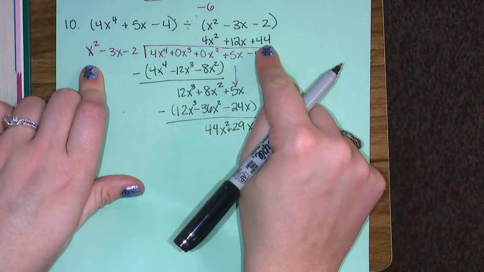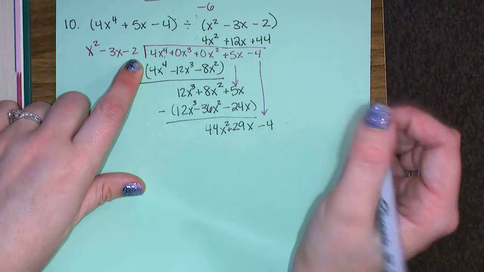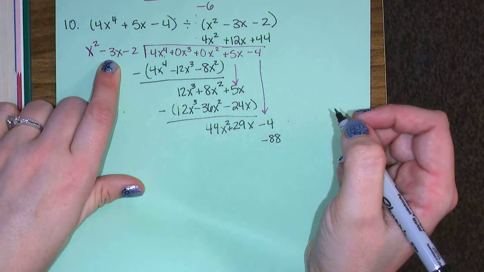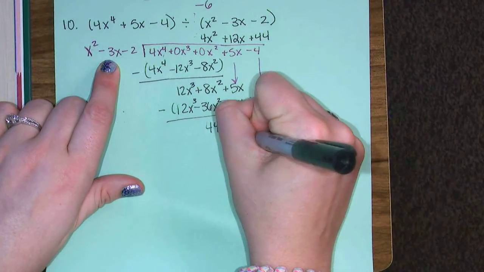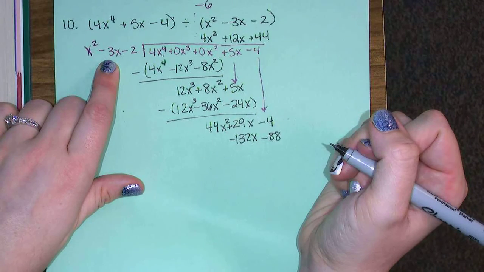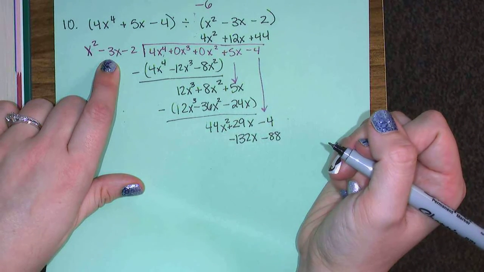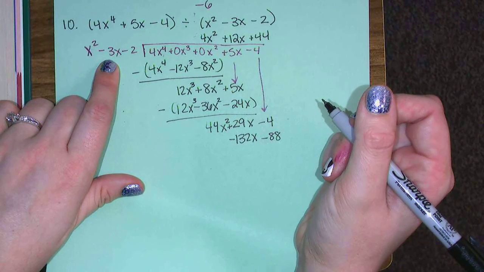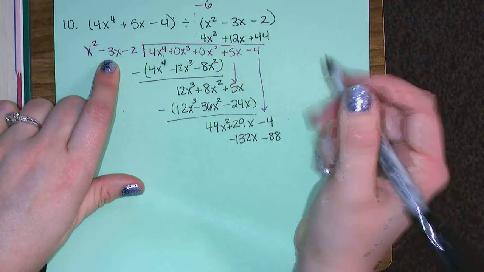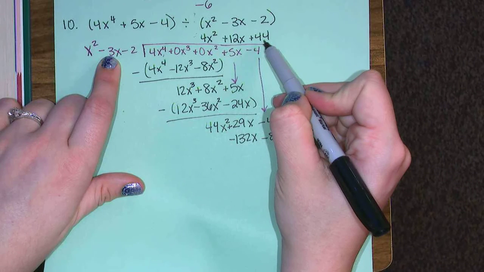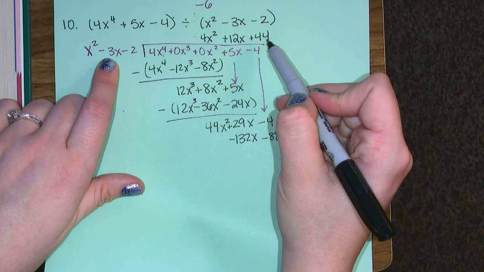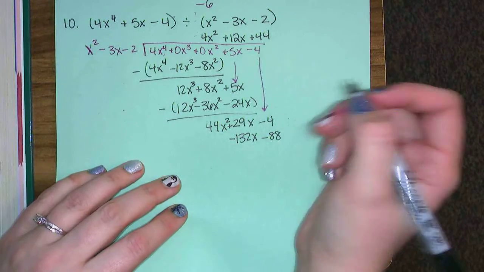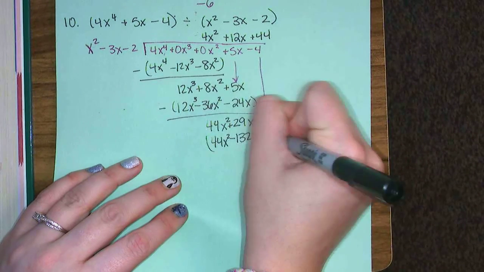So 44 times negative 2, negative 88. 44 times negative 3x, negative 132x. 44 times x squared, 44x squared. I'm subtracting everything.